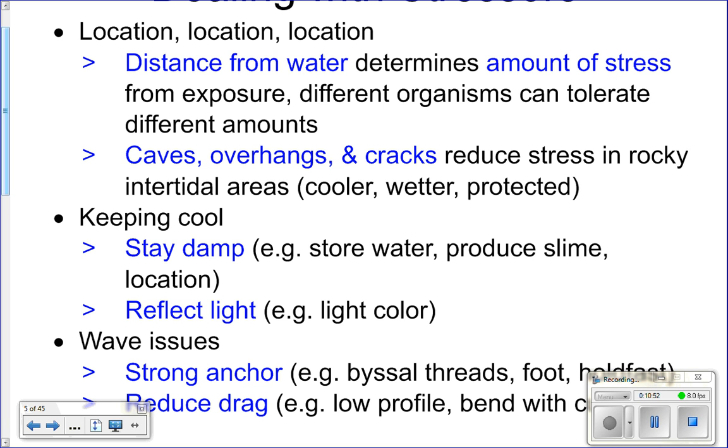They'll also seek out cracks or overhangs of rocks because those areas tend to stay cooler, wetter, and can also reduce the amount of stress that the animal's under. So they'll look for any little caves, overhangs, cracks.